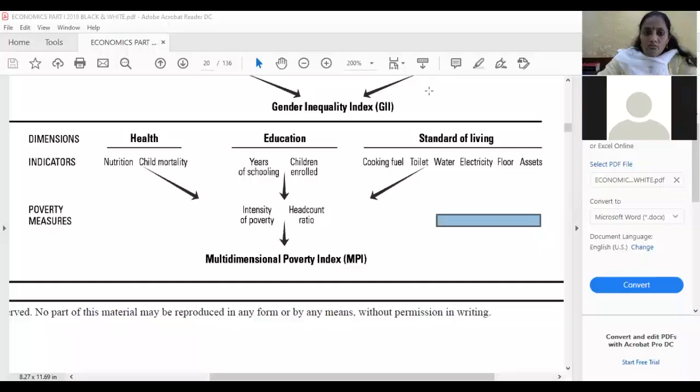Are you able to see the screen now? They are saying they are not able to see anything. Am I visible and audible? Students, somebody can reply.